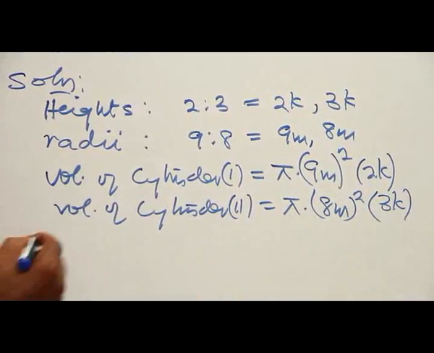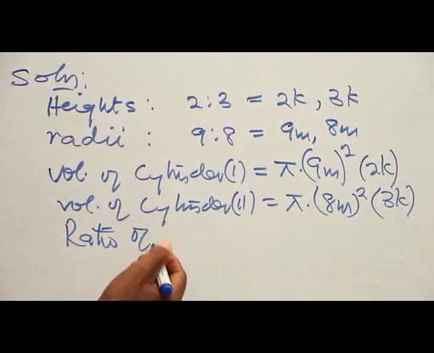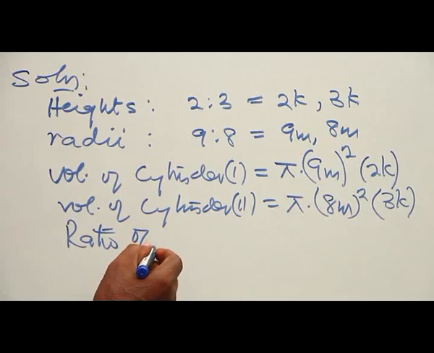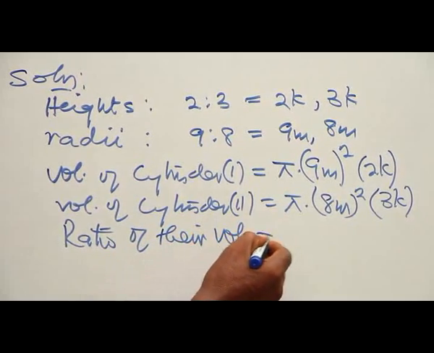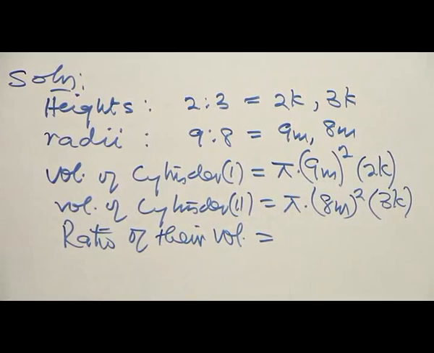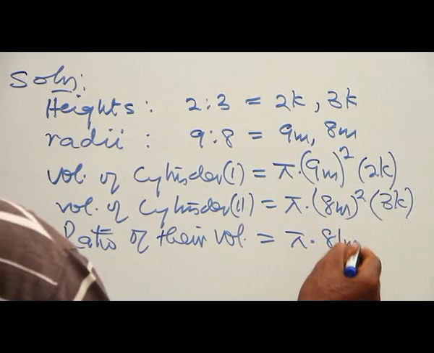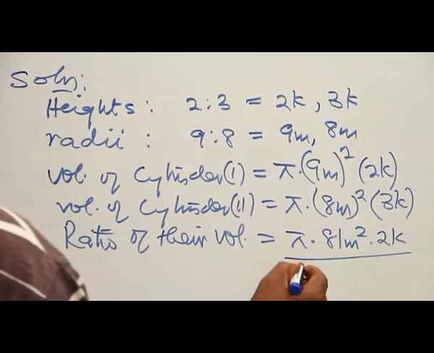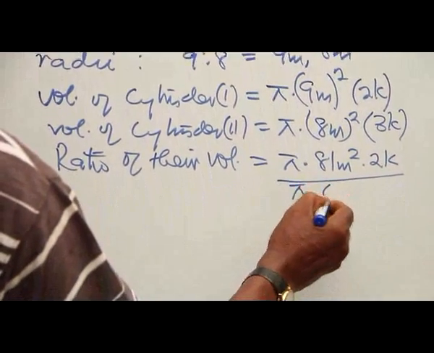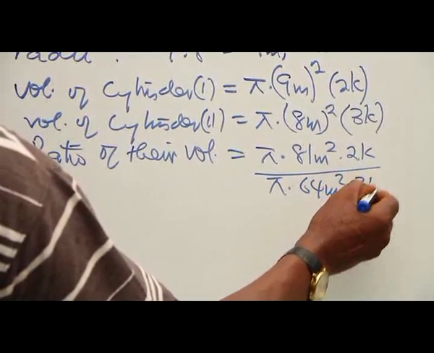So we are now interested in finding the ratio of their volume. The ratio of their volume will be equal to, the first one is pi into 81m squared into 2k, all over pi into 64m squared into 3k.